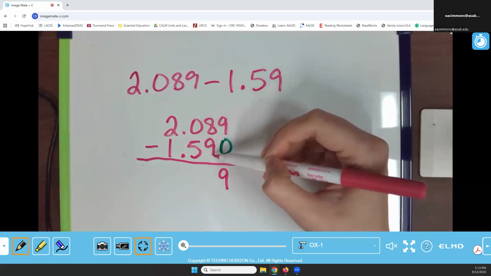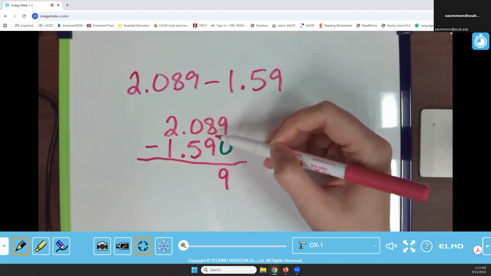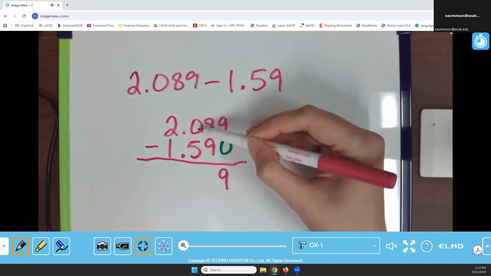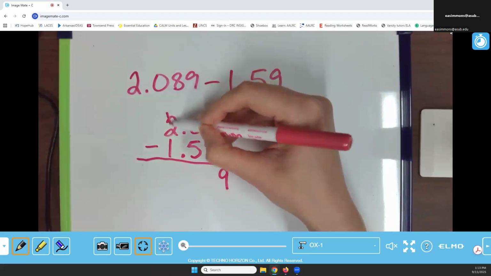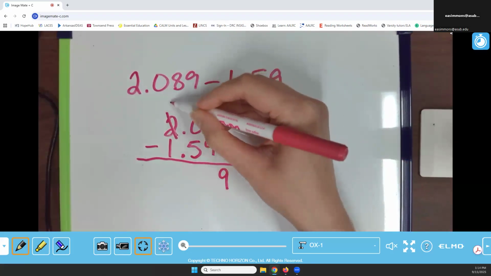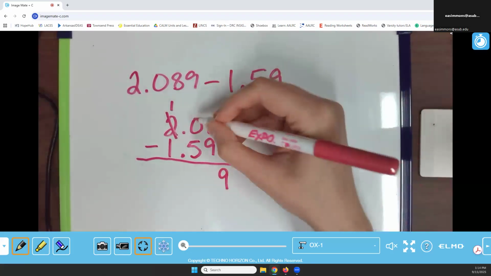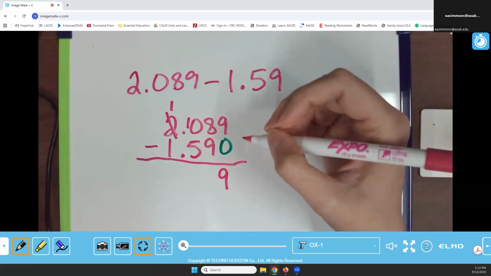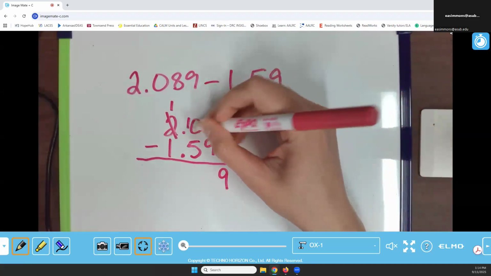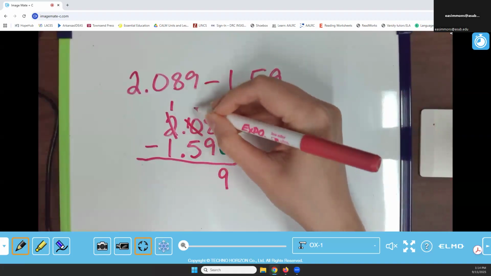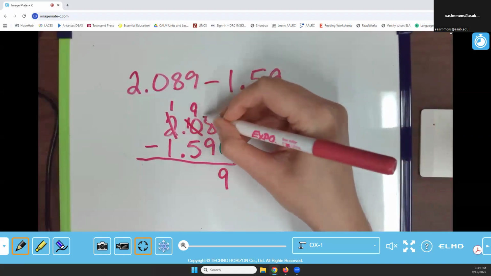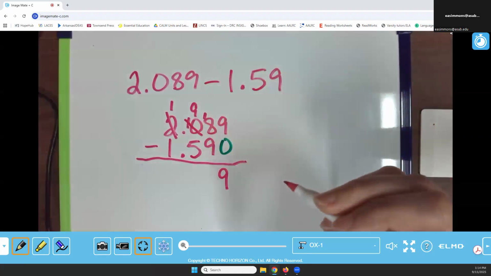I can't take 9 from 8, so I need to borrow. And to borrow for 8, I can't borrow from 0, so I actually need to borrow from my 1's place. So my 2 is going to turn into a 1. My 0 turns into a 10. Now I can borrow from that 10, and my 10 will turn into a 9, and my 8 turns into an 18.